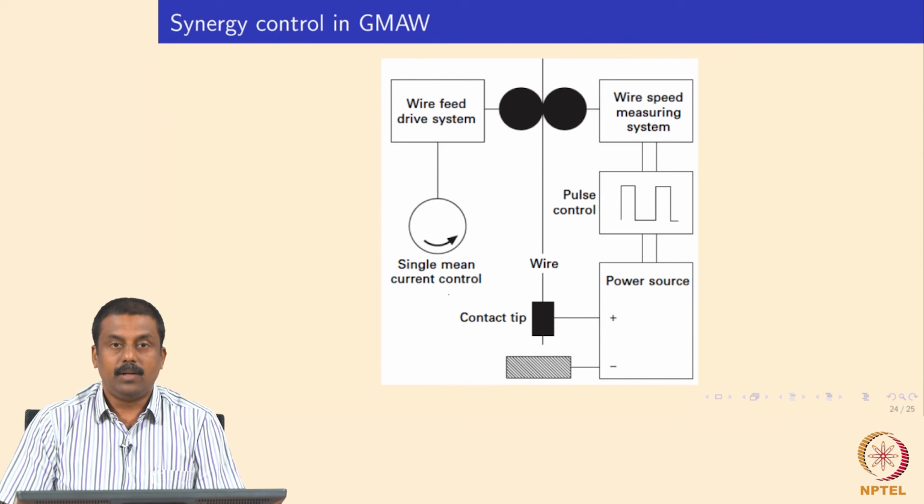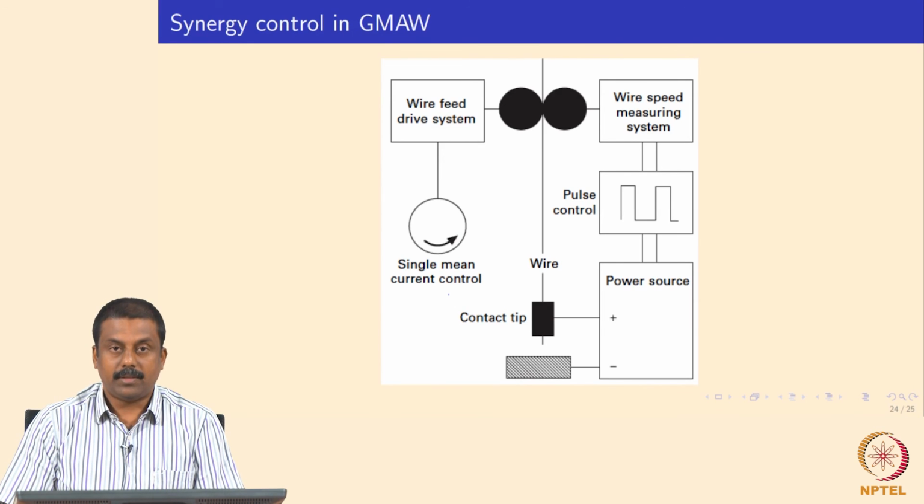In order to control all these important process parameters, microprocessor-based power sources are very widely used nowadays, and they give a synergy in the process parameters by controlling all the parameters independently using an input-output module, so that for a given current we can achieve short circuiting.